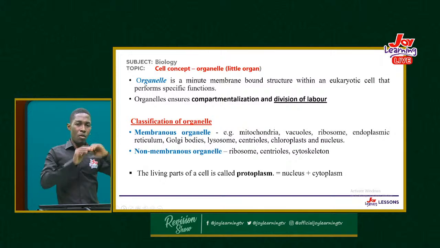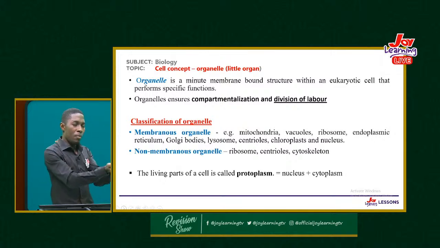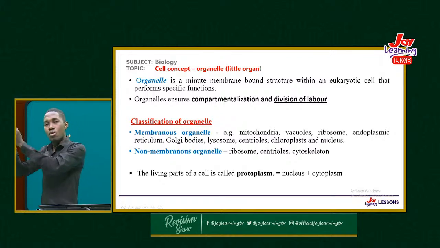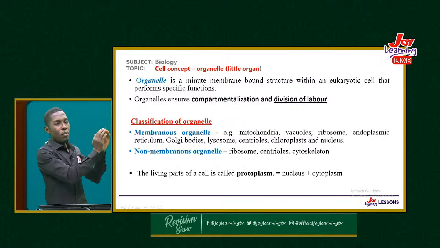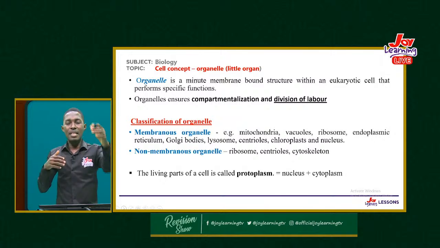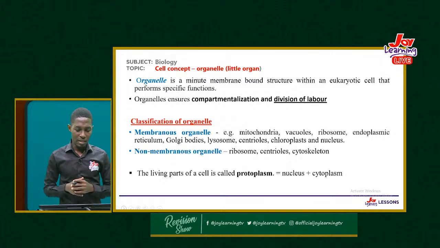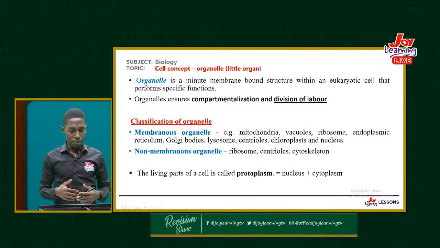Why do we do that? Compartment means that chloroplast can do a job. At the same time, mitochondria too has its own compartment doing its thing. Lysosome has its own compartment doing something. In that case, it allows everybody to do part of the job that the cell needs. So we say there's division of labor.